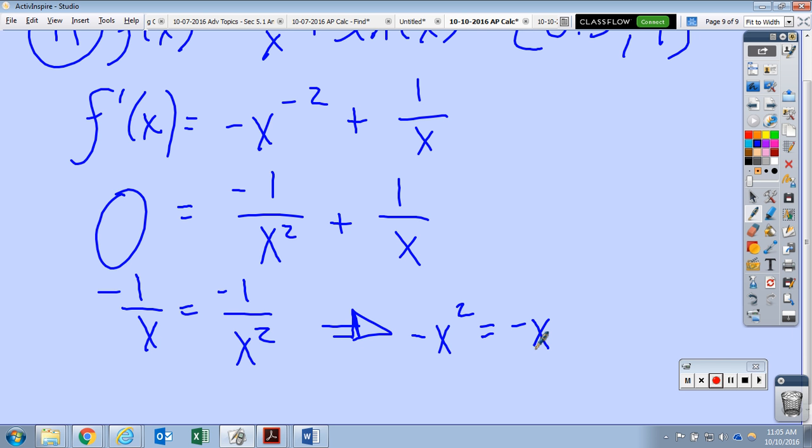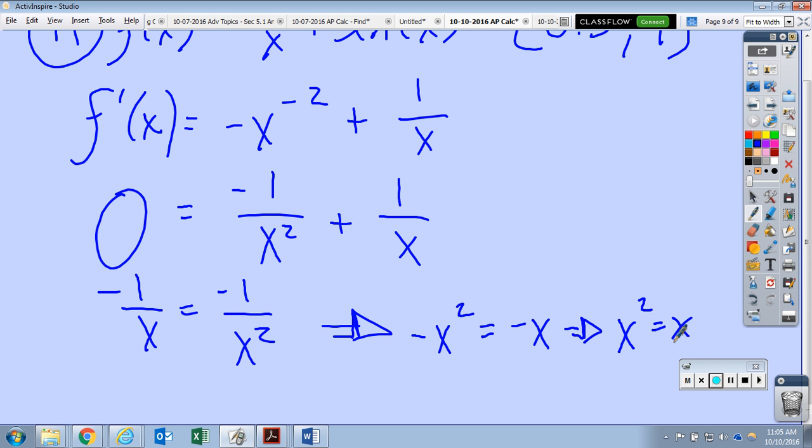At this point, you should see the only ones that work. But the function does not exist at x equals 0, so that's another. Definitely check it, because we're manipulating algebraically. So x squared equals x.